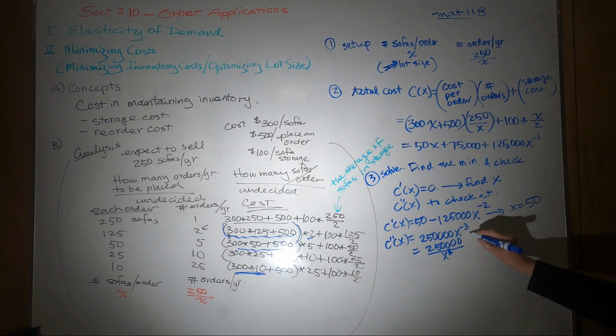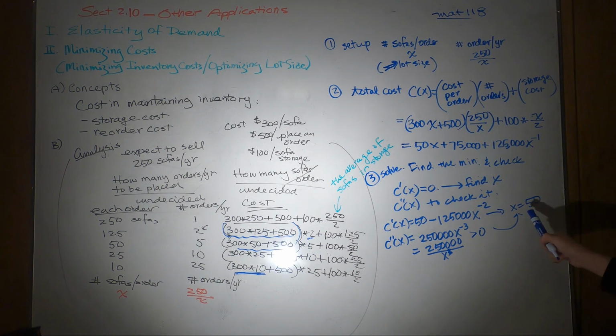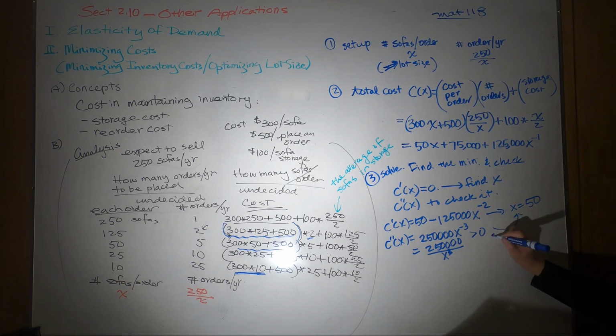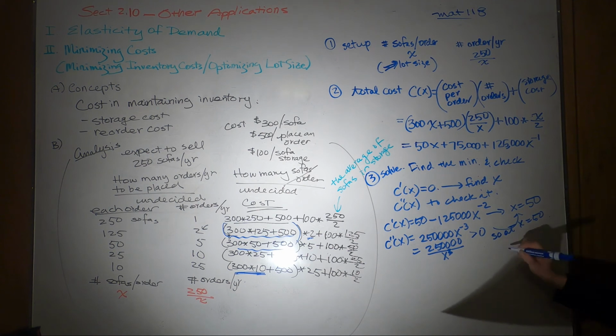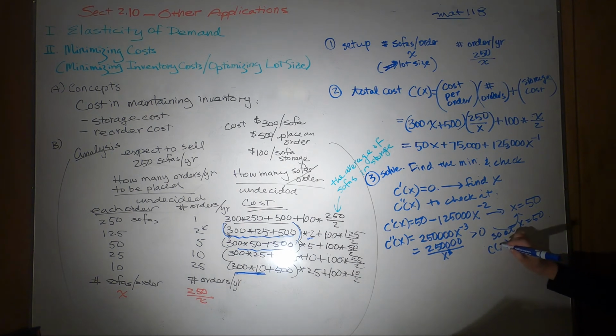So this one is greater than 0. That means when x is 50, C of x is a minimum.